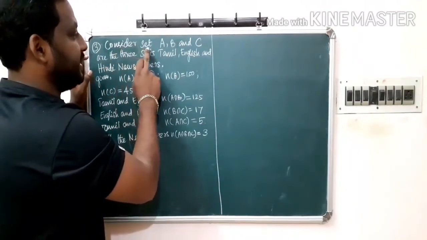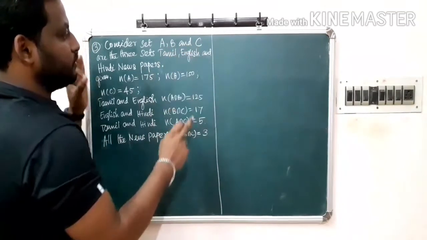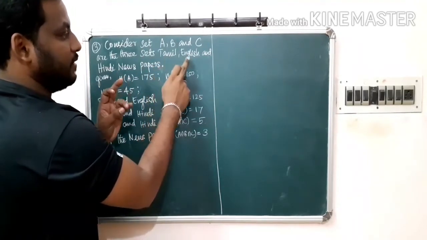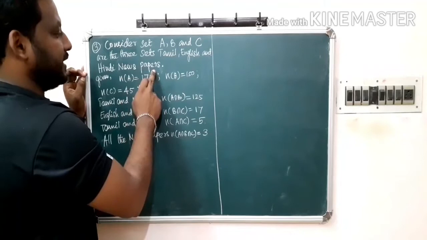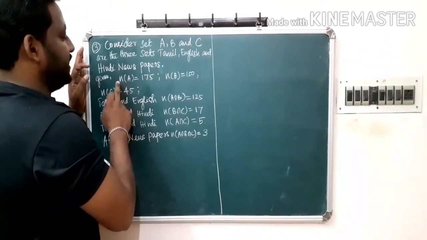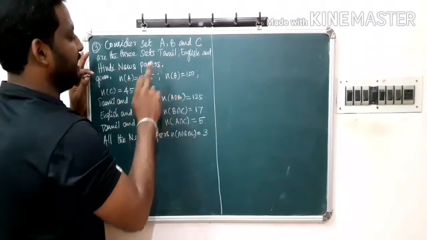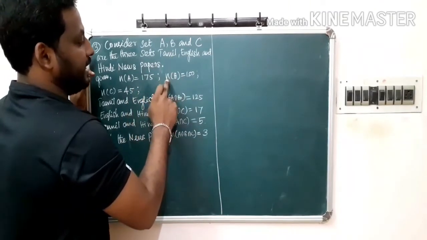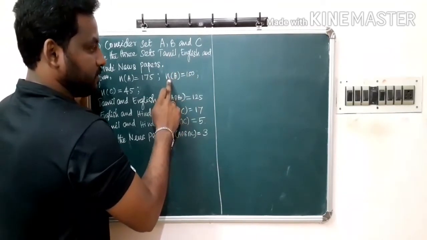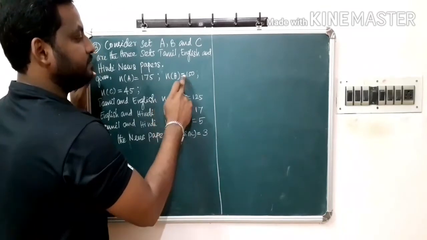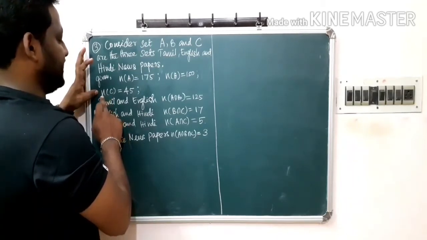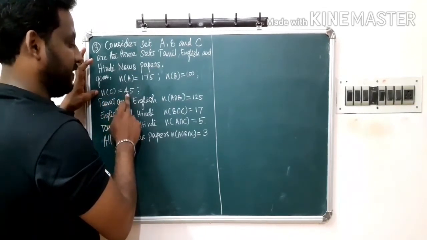Consider sets A, B and C. So the 3 sets A, B and C are taken as the Tamil, English and Hindi newspapers a family gets. Okay. The given values are: n of A, the number of families getting the Tamil newspaper, is 175 families, and n of B, set B, the English newspaper, is 150 families, and the number of families getting the Hindi newspaper, that is set C, n of C, is equal to 45 families.